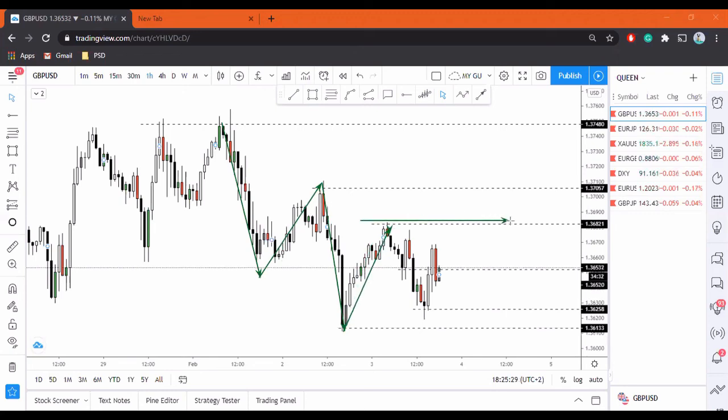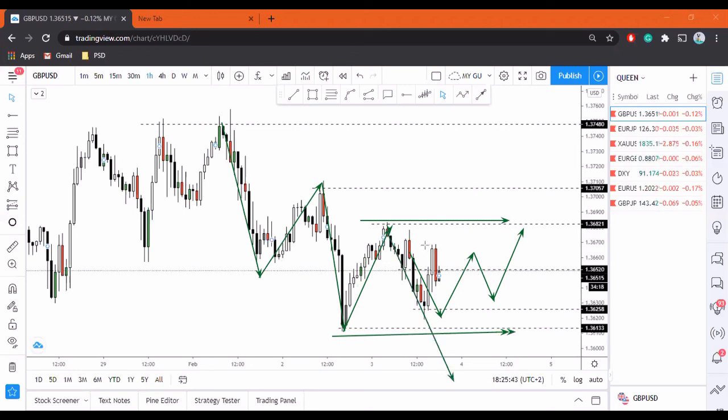Until price breaks this high, price is consolidating, so it can do whatever it wants inside here, unless it breaks this high or this low. If it breaks this low, it's going to create another impulse. If it breaks this high, then the trend has changed, it's now bullish.